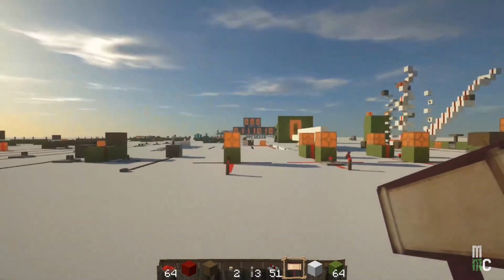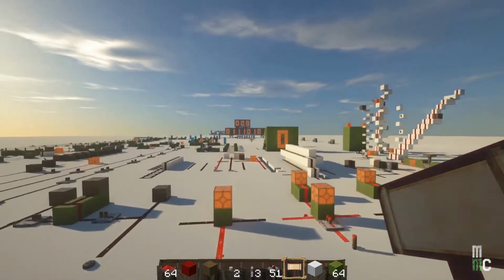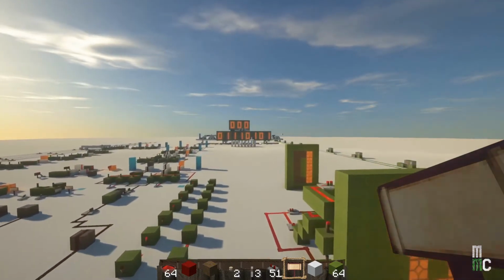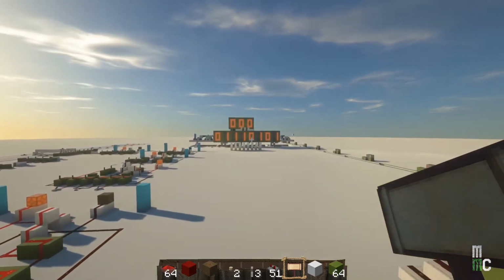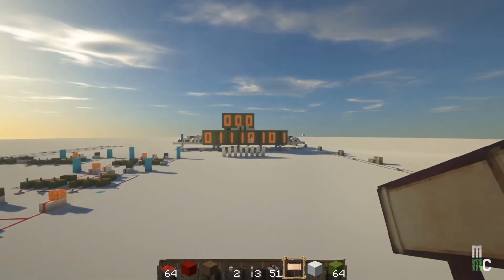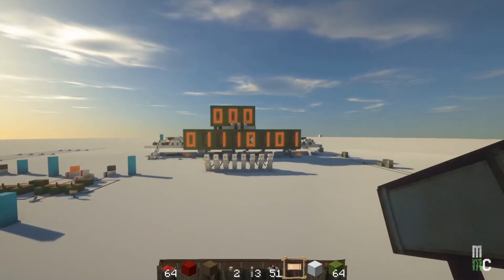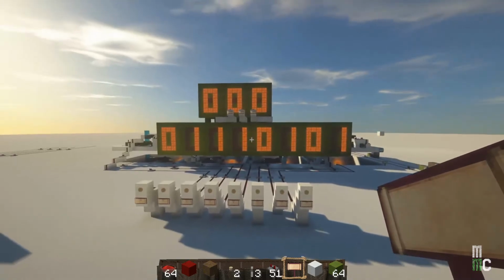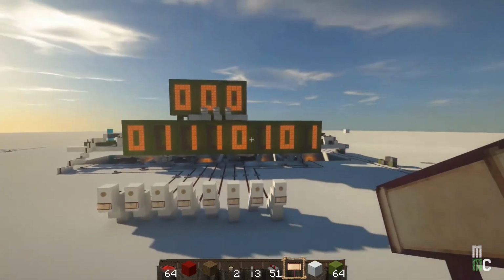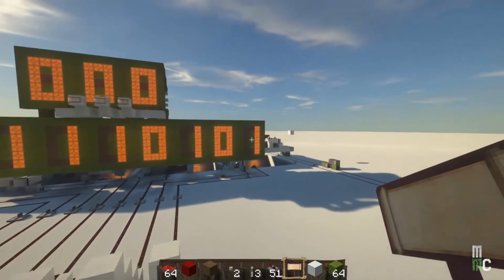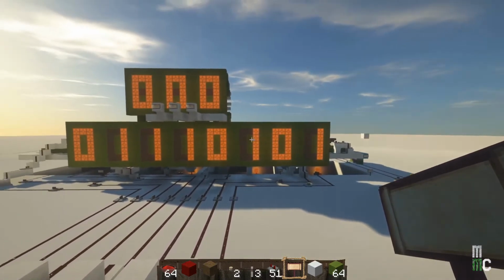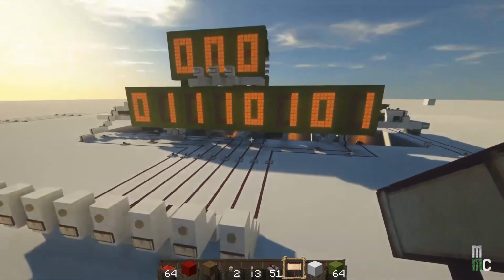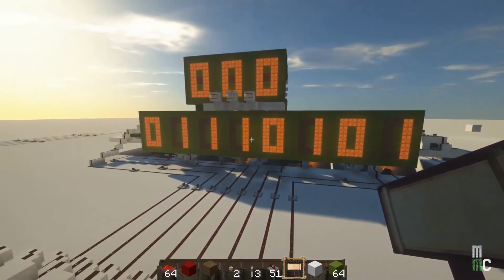So to kind of see an example of this, we'll go over to our construct where we built the display over here. And you can see we have a number sitting on it right now. So we'll figure out what this might be in BCD. The way we do that is we take 4 bits at a time. So we have these right 4 bits and we have these left 4 bits, and we store a number in there. So this number is 1. We don't have a 2. We have a 4. We don't have an 8. So this is 4 plus 1, which is 5. So I'll put that up here on this digit.